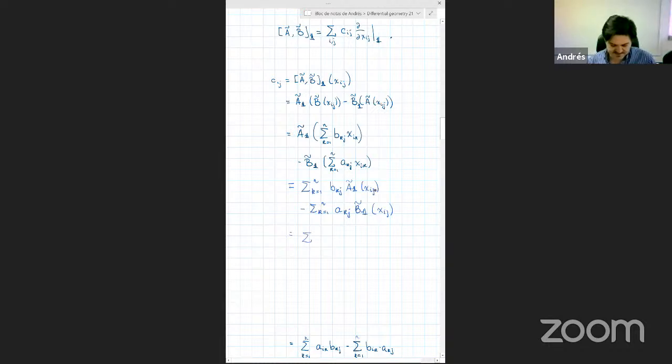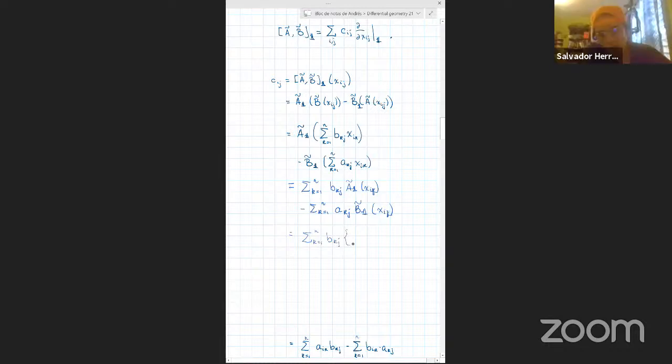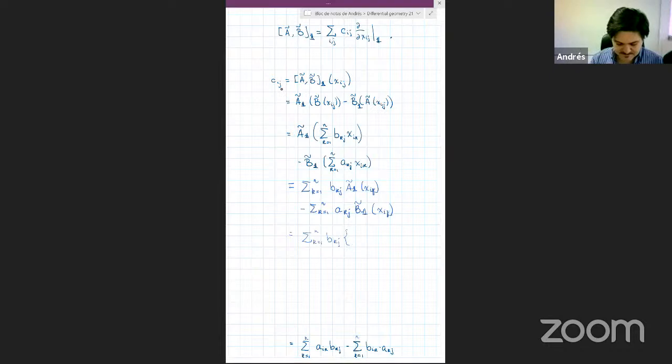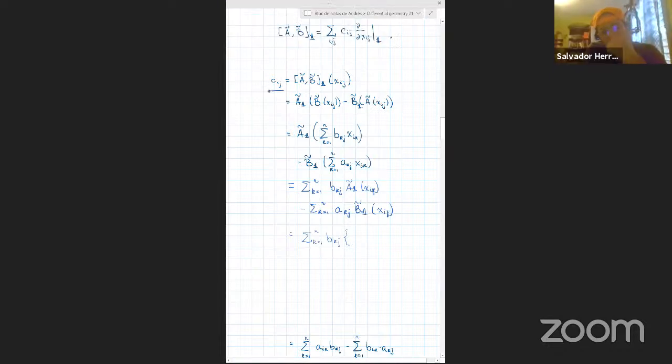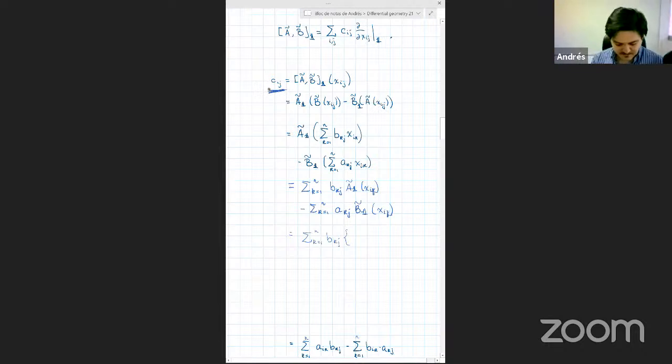Oh wait, this is K. We're only looking for the term Cij, right? Right, yes. This one. So for this one, I apply this function xij. And then here is the definition of the bracket. And then we use the computation that we made before, a vector field applied to that function.